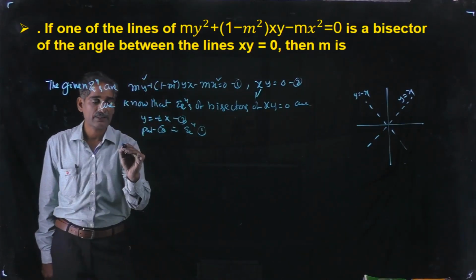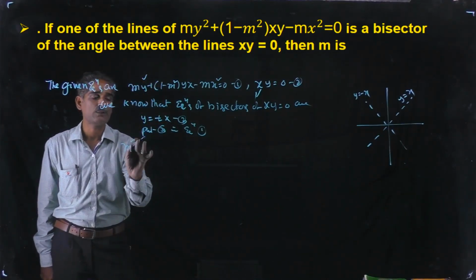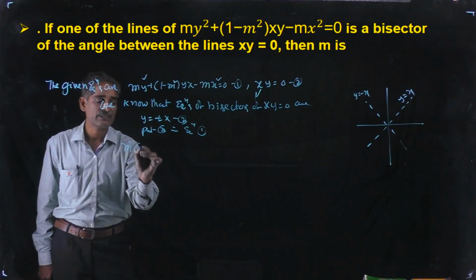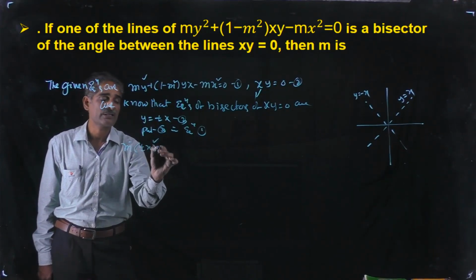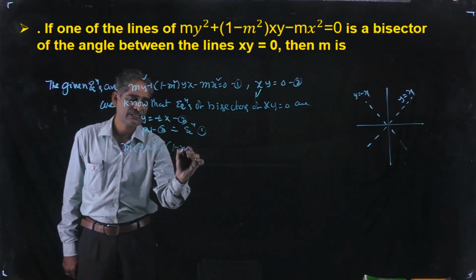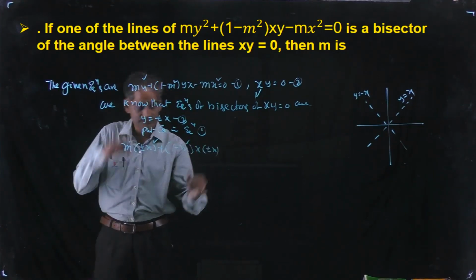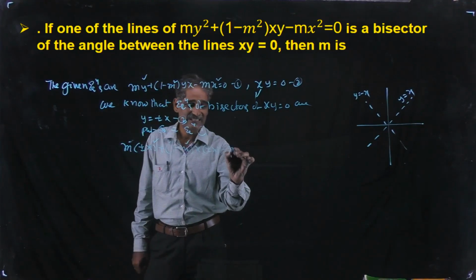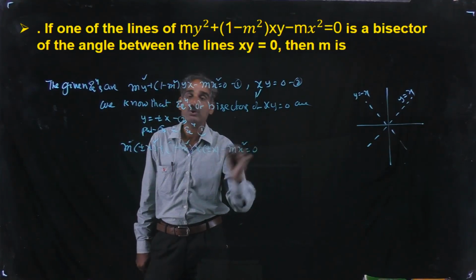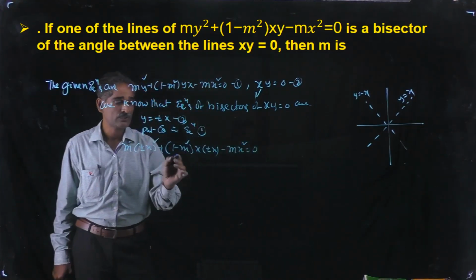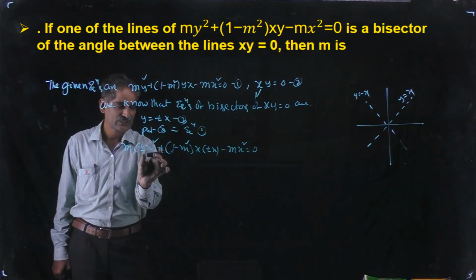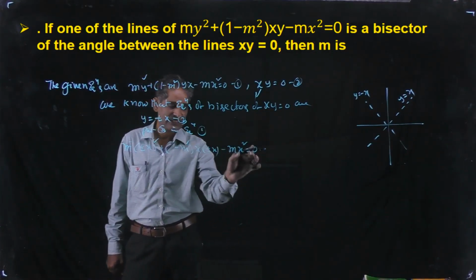Then what will happen? m square into y square, that means plus or minus x whole square, plus 1 minus m square into x into plus or minus x, minus m into x square equal to 0. Here observe that m x square is there, and here also x square.